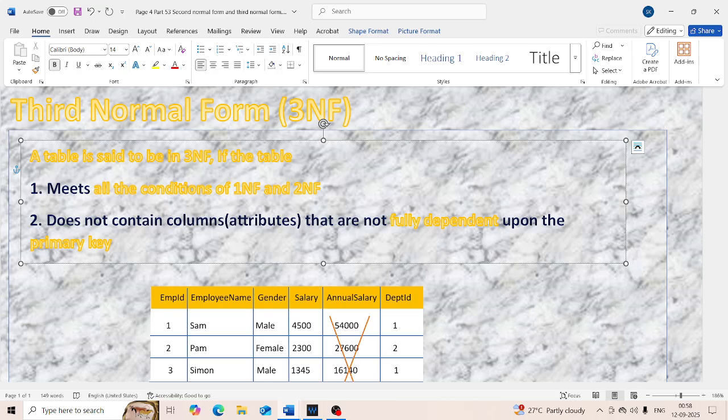Now when we are talking in terms of table, we call it columns, but when we are talking about entity relationship model, we call them attributes and entities.